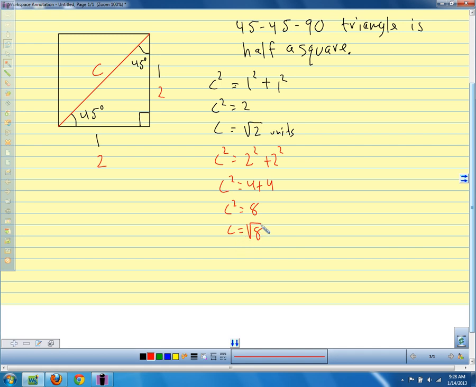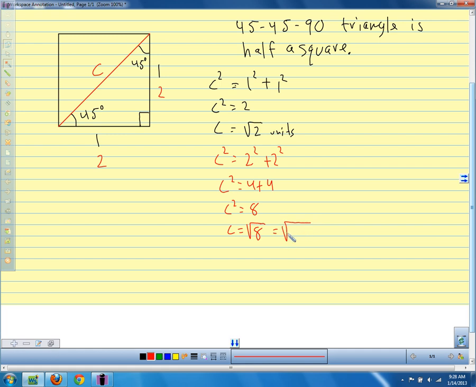When we have a square root of a number, to simplify our square roots, and this is something that we're going to be doing a lot in this section, and it's something that you've practiced with before, we want to write this as two numbers multiplied together, where one of them we can take the square root of easily.